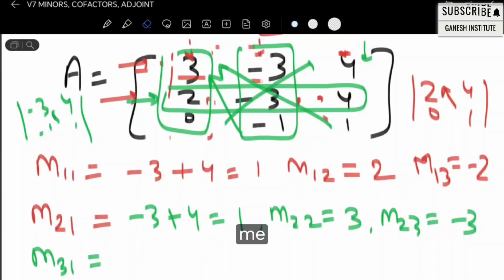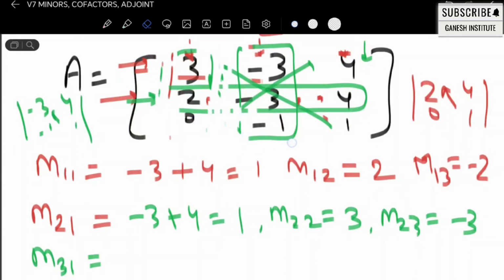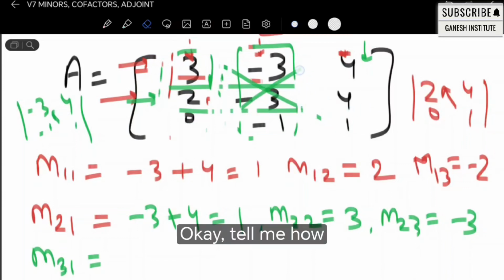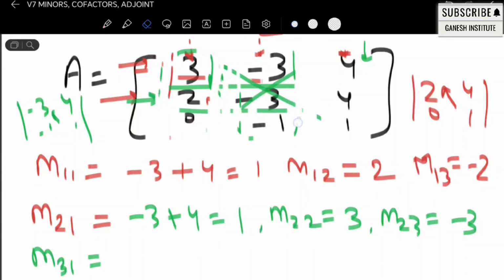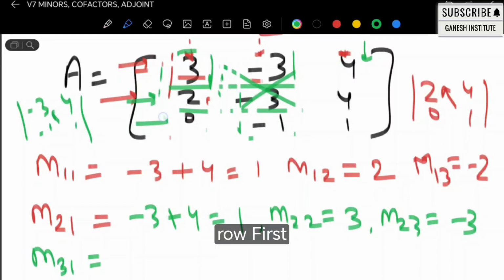Again, tell me. Okay, tell me, how would you solve it? So you have third row, first column.